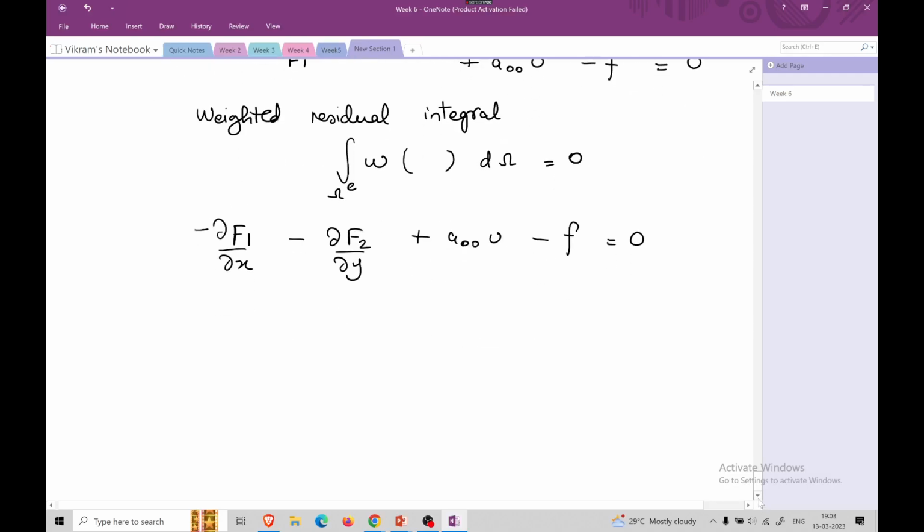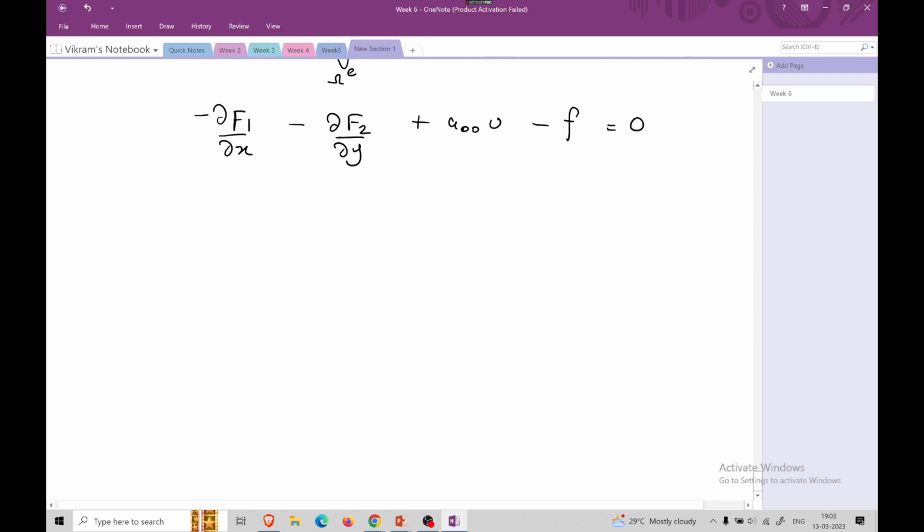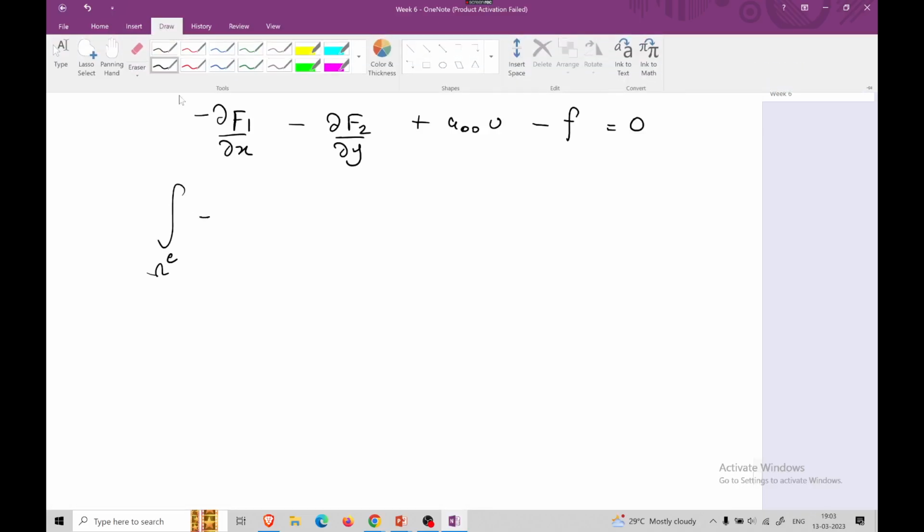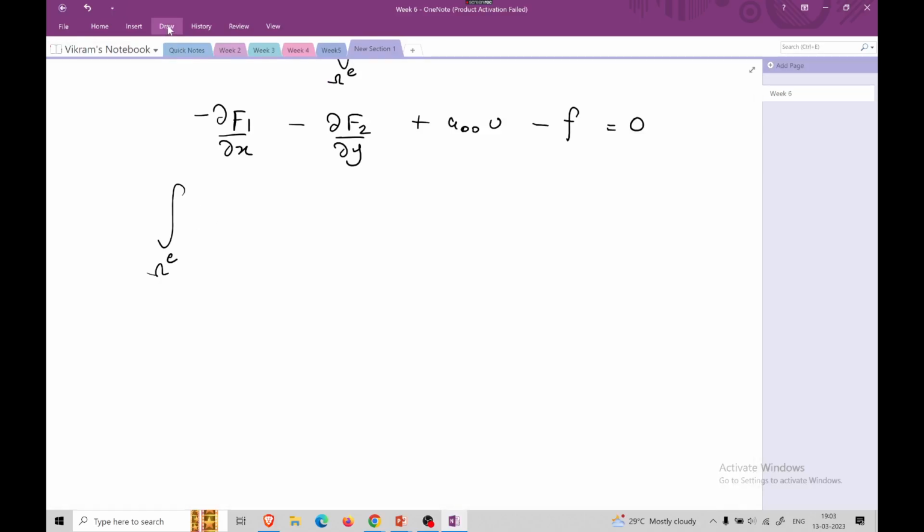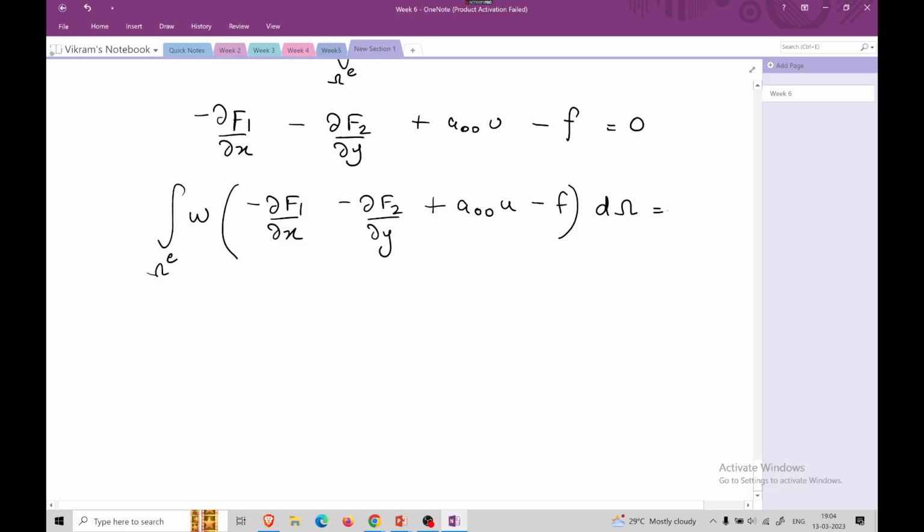So this entire equation, I am simply going to do the weighted integral, weighted residual integral, which means over this domain, which is the element, I can say w into minus dou f1 by dou x minus dou f2 by dou y plus a00 u minus f into d omega equal to 0.